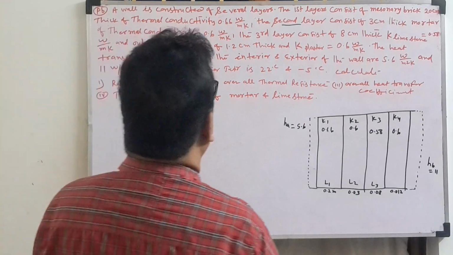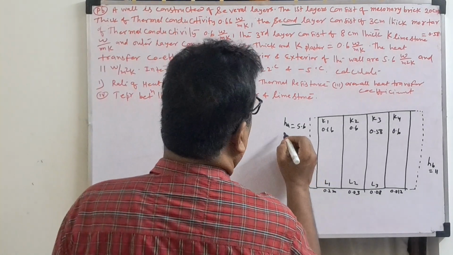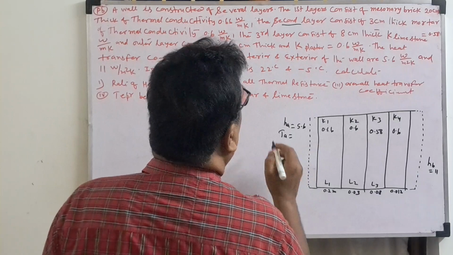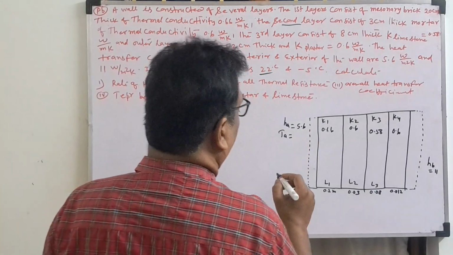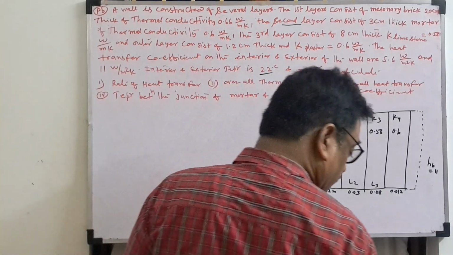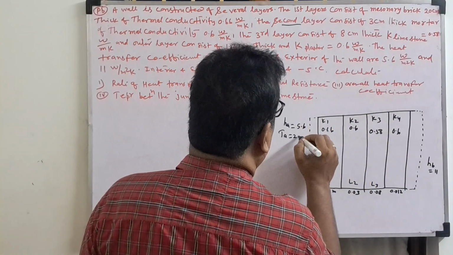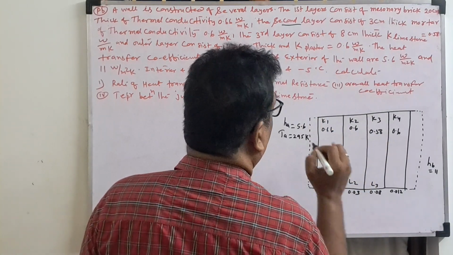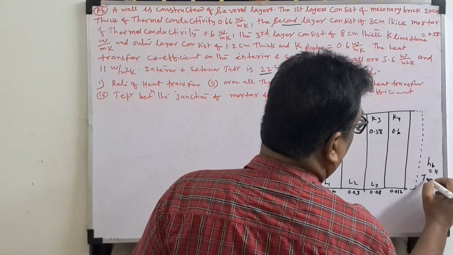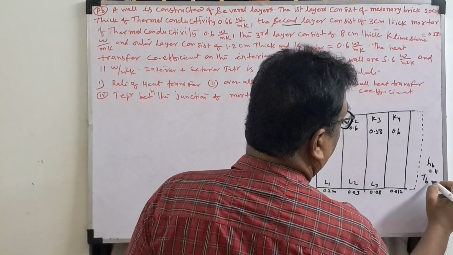Now the temperature they gave, TA, is 22 degrees Celsius. If we convert into Kelvin, it comes to 295 Kelvin. Then TB, the outer side.